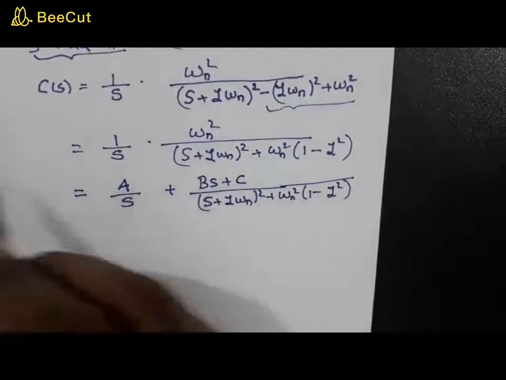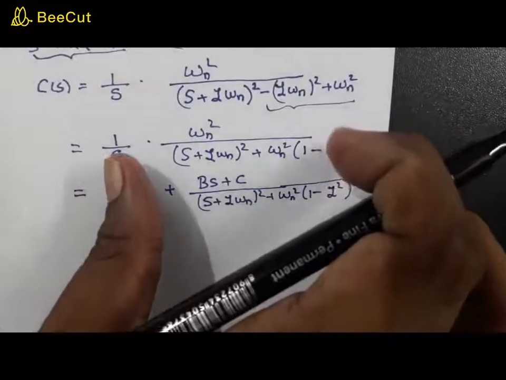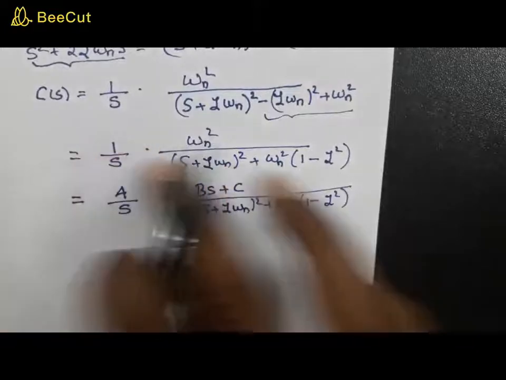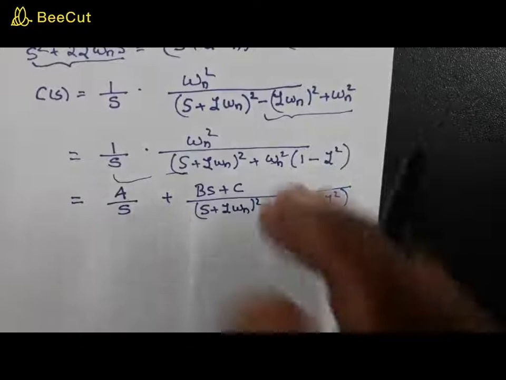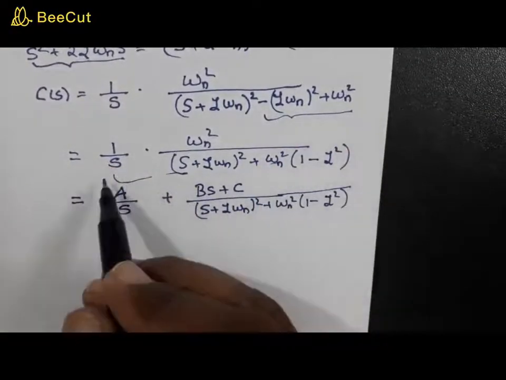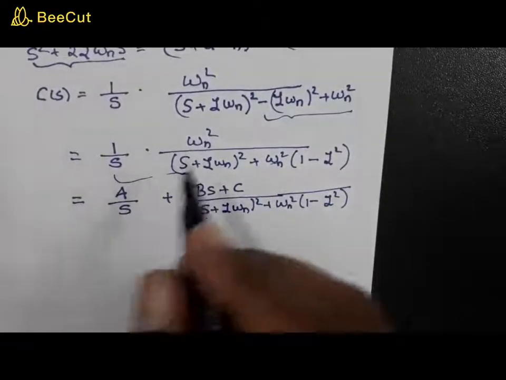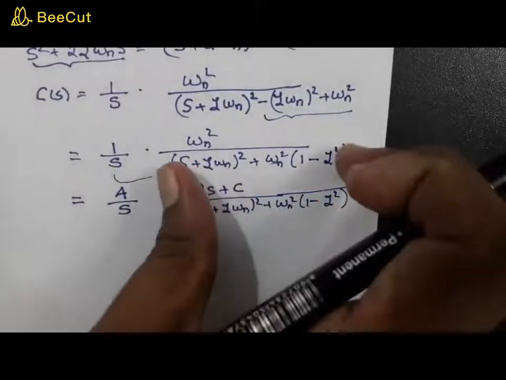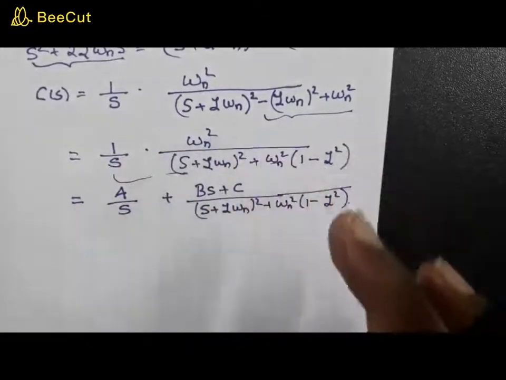Now this is equated to this, right? Now what you need to do is multiply the whole equation throughout by the denominator, since this fraction is resolved as partial fractions. That means the left side becomes omega n square. So while doing this, you will get omega n square is equal to A into this term plus (Bs plus C) into s, right? That's how you will be getting it.